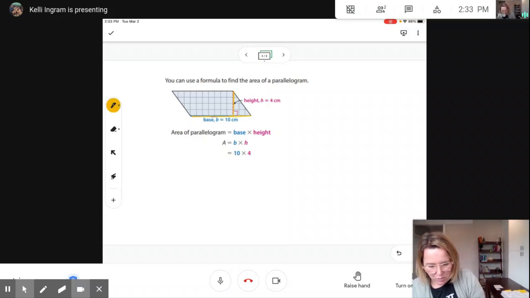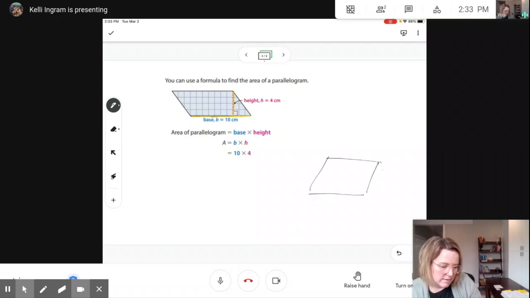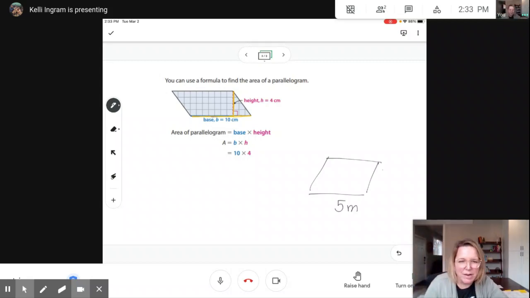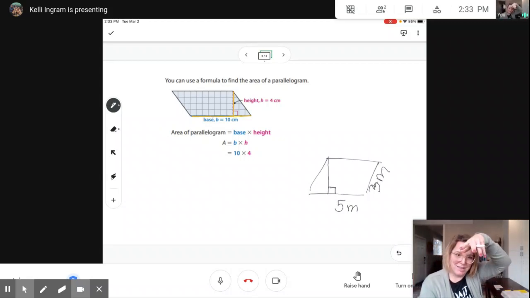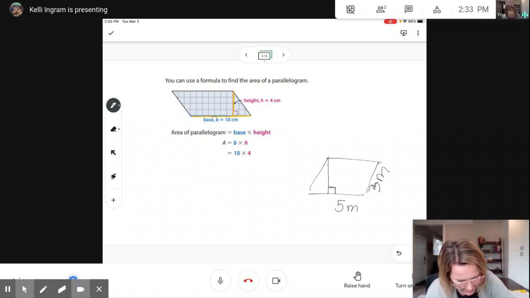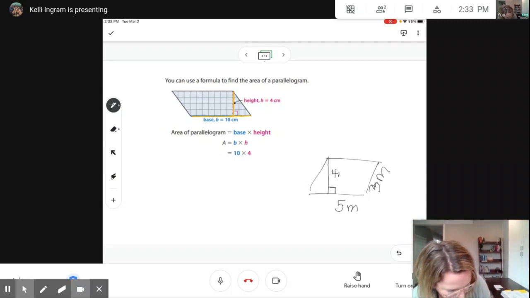All right, so let me give you one to walk through with you. So if I had a parallelogram that looked like this, and let's say the base was 5 meters. And let's say they were trying to trick you and they said that this side was 3 meters and they showed you the height, and you know it's the height because there's a little right angle there, because again, they dropped the rock straight down, and they said the height was 4 meters.